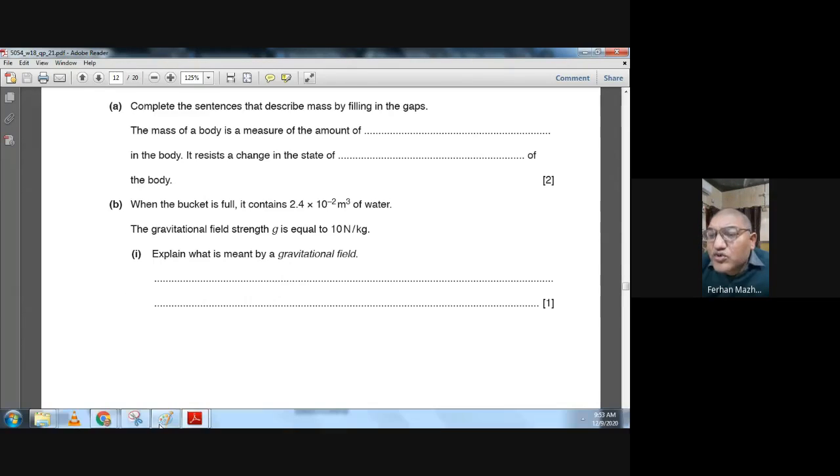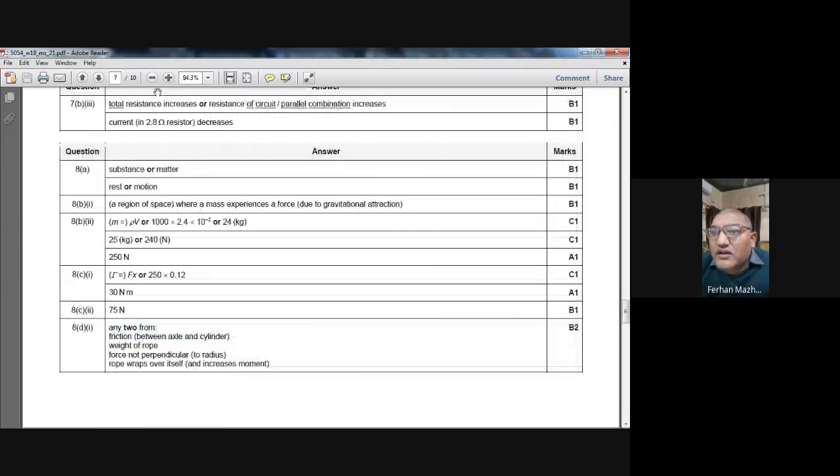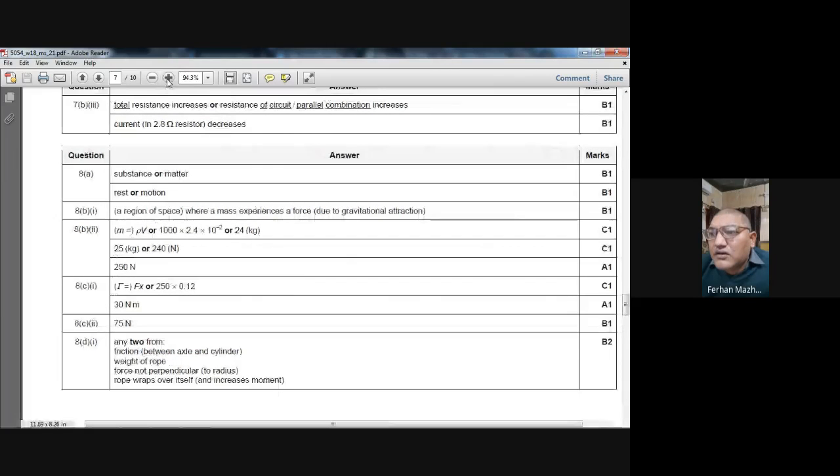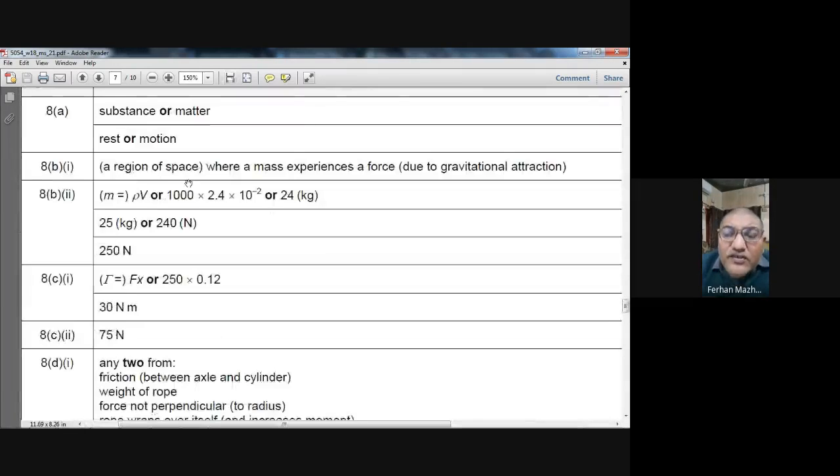Let me show you the definition also from here. You see here, a region of space where a mass experiences a force due to the gravitational attraction. Write this definition.